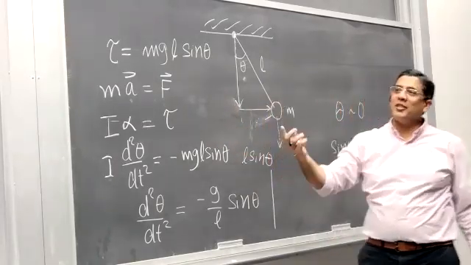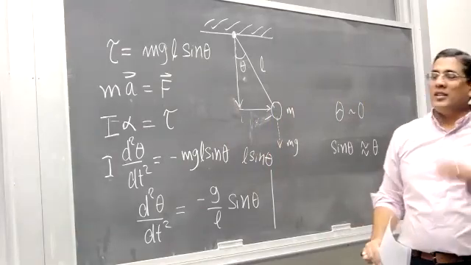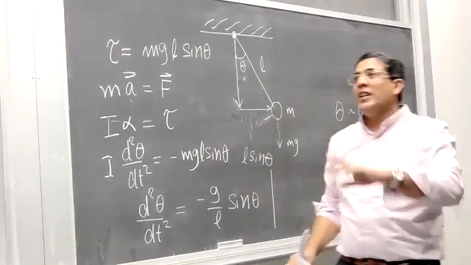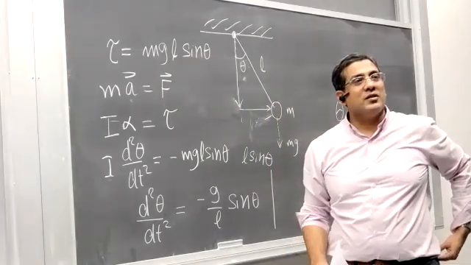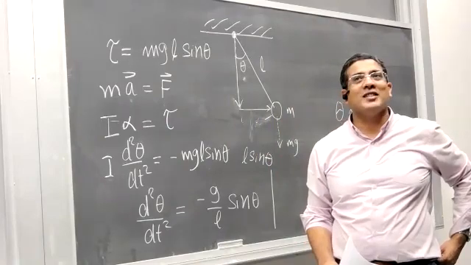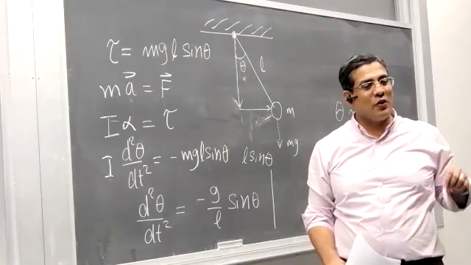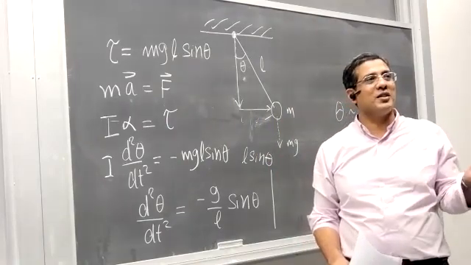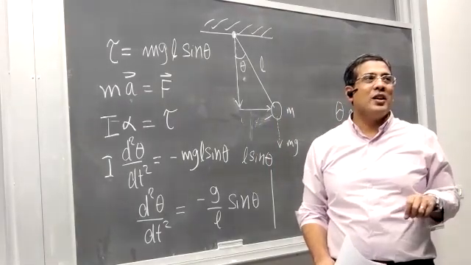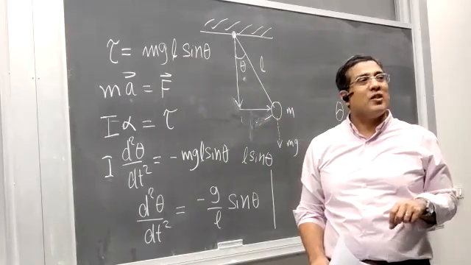It's exactly the same argument as for the force. When you're on the extremes, the torque will point in the opposite direction. So the torque does the same thing as force. Analogously, the force tries to restore the equilibrium position; similarly, the torque is trying to restore the equilibrium position.